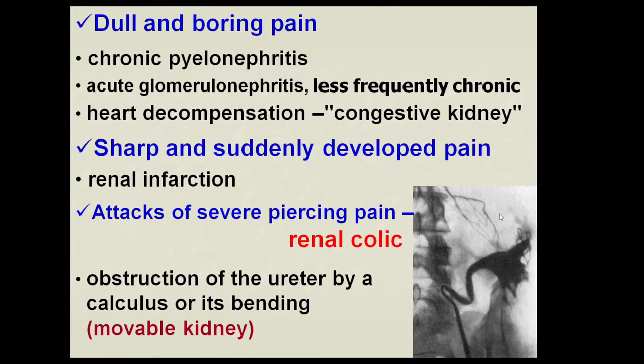When the kidney, due to weakness of the ligaments, easily moves downward, the urinary tract bends, and due to bending of the ureter and obstruction of the urinary tract, the patient sometimes can feel severe piercing pain which resembles renal colic.